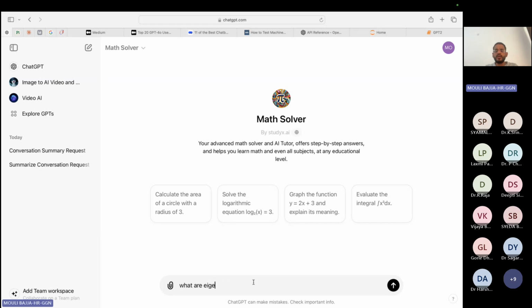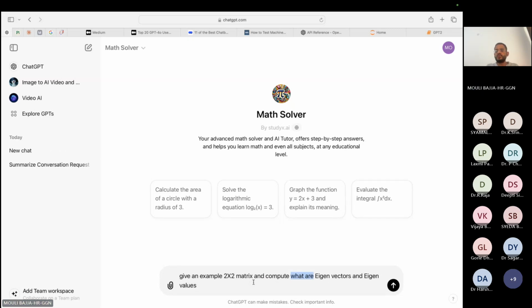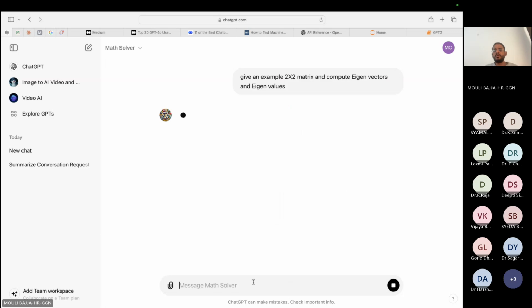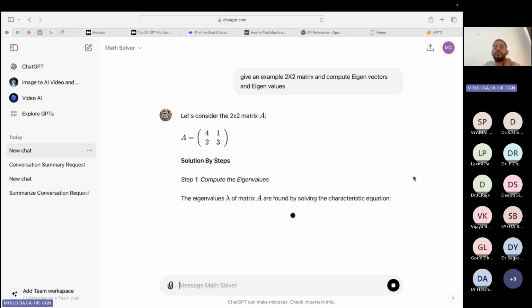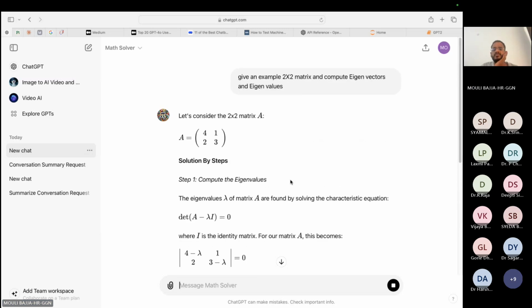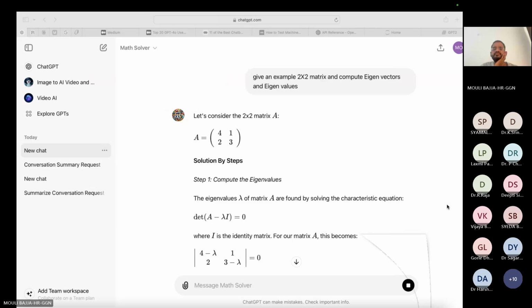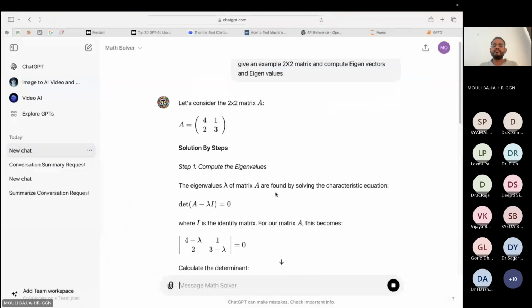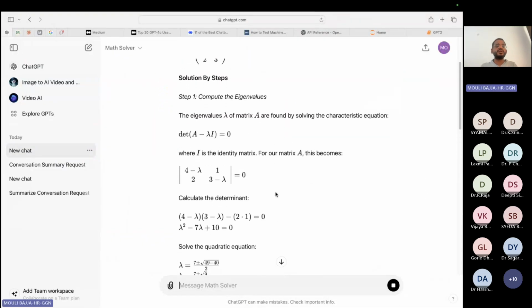What are eigenvectors and eigenvalues? Give an example, 2 by 2 matrix, and compute. Is this a complex enough problem? And do you see the answer here?